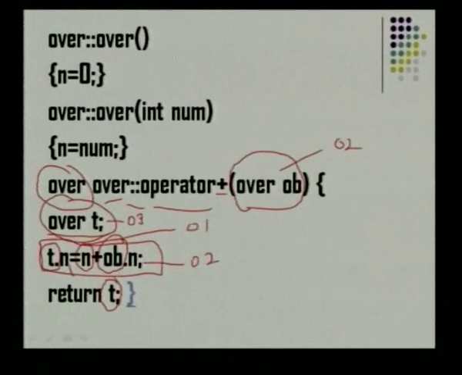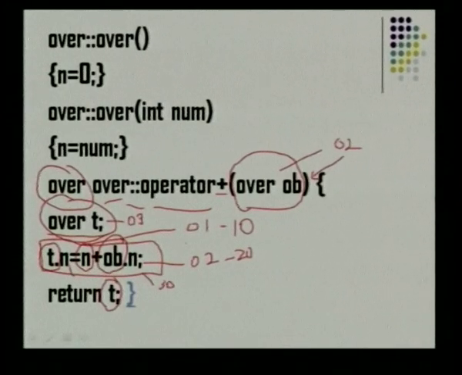So, that is assigned to this temporary variable. One object is passed as a parameter, that is a second operand, and this n belongs to the object which called the function, that is nothing but O1. So, O1's n is having the value 10, O2's n is having the value 20. So, 10 plus 20 is nothing but 30, that is assigned to this particular object T.